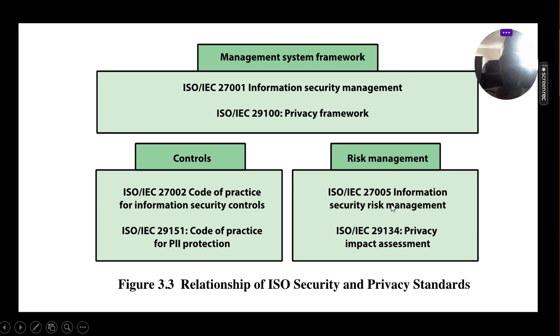So you can see we have three segments. This one covers these two broad areas: the 27 and 29 for management system framework, this one for control, this one for risk management. This is the comparison between these 27 and 29 standards that were formulated by ISO and IEC.